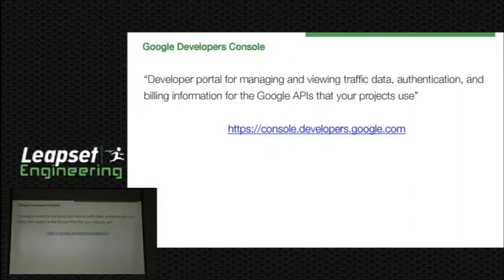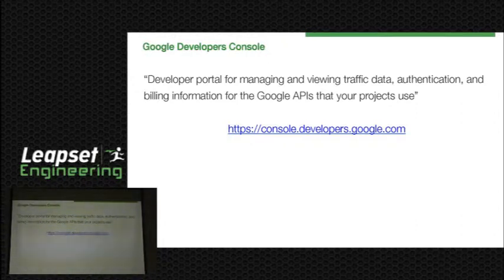In the developer console, it allows you to manage your engagement with Google APIs. Some of the APIs have their limits. You can call this API only 10,000 times a day, only 5 times a day, 100 times a day. We call them rate limits.